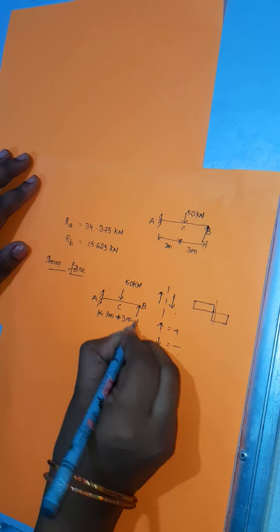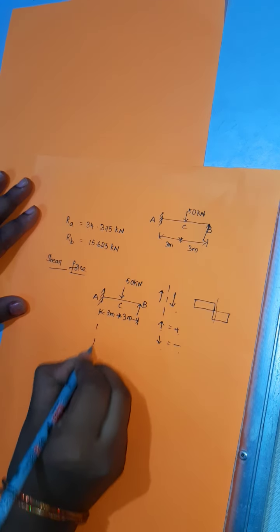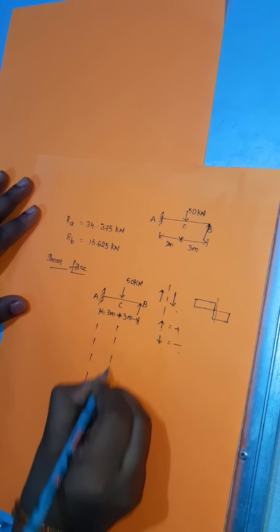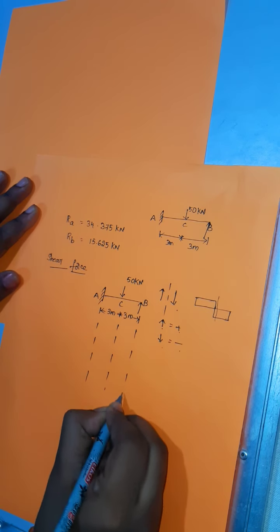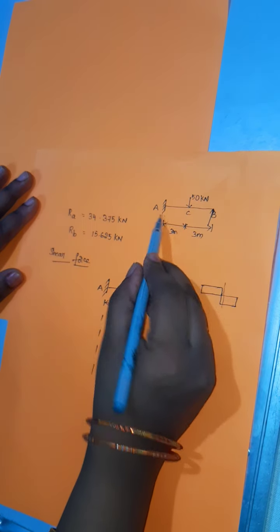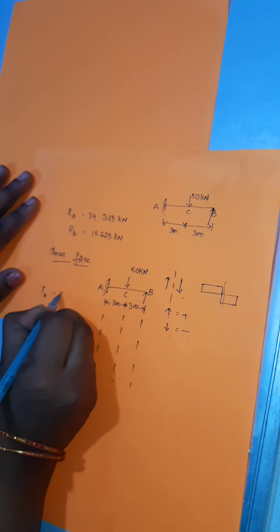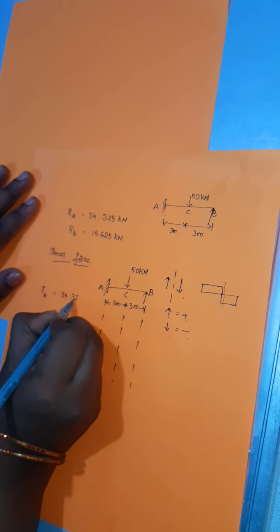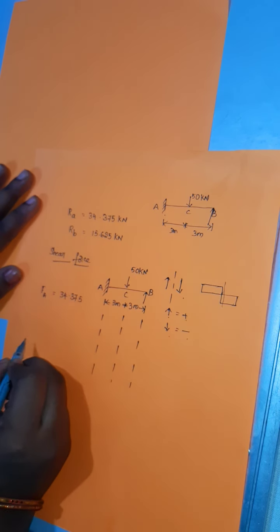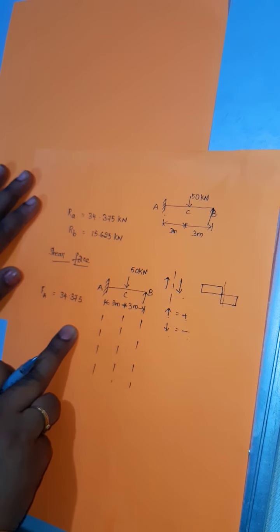Now I want to draw shear force diagram. See here, shear force at A is nothing but RA, which is equal to 34.375. Shear force at A is equal to 34.375.